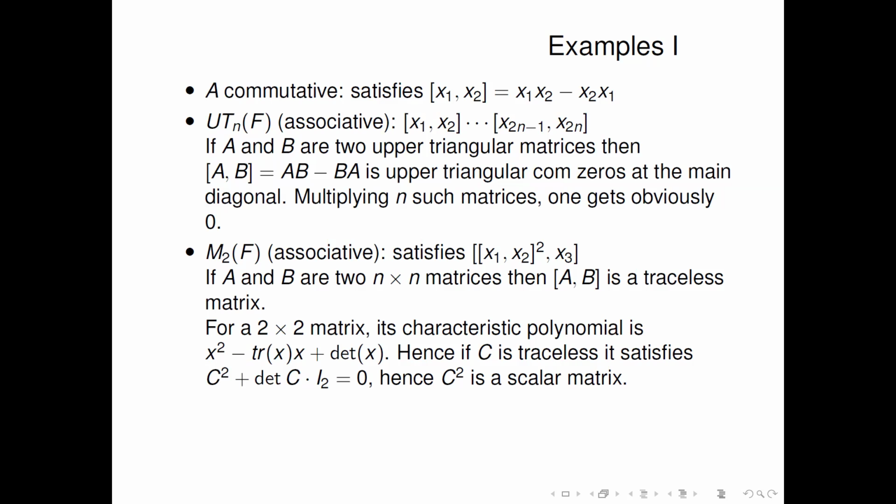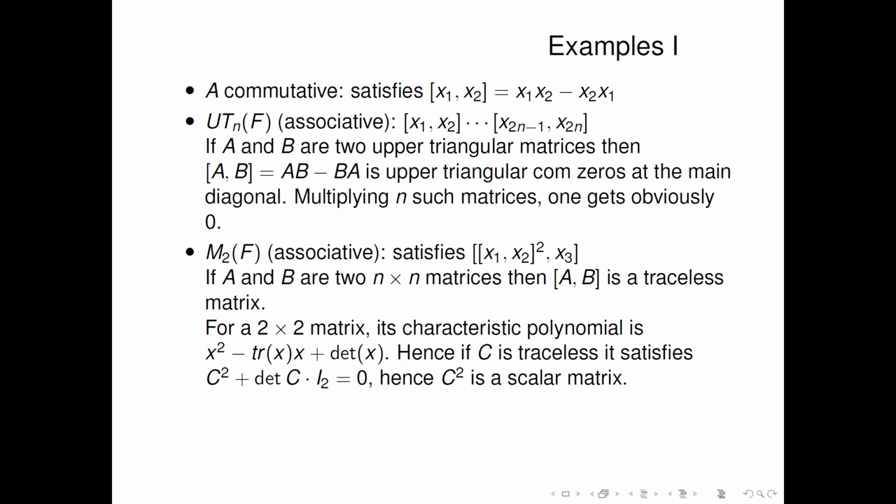Then, take for example the upper triangular n by n matrices over F as an associative algebra. It satisfies this identity: the product of n commutators must be zero. Here, the commutator of x1 and x2 is the usual bracket, that is x1 x2 minus x2 x1.